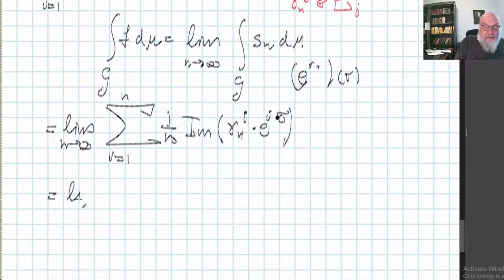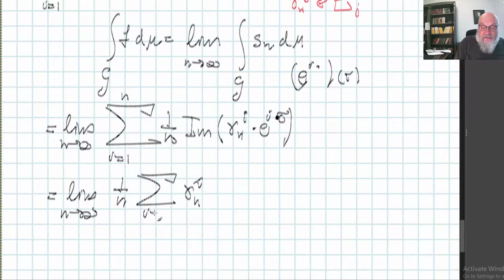So it is equal to the limit as n goes to infinity of 1 over n, the sum of gamma n i for i equal 1 to n, times this e^{i tau}. We understand that this is the variable of the function. What do I get here?